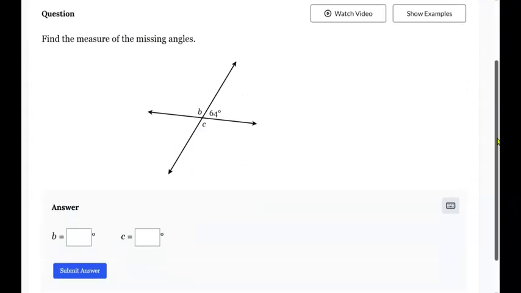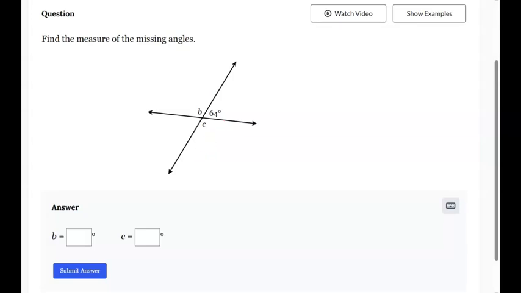you'll get a scenario like this, where you're finding the missing angle measures, but some of them are supplementary and some of them are vertical or equal to each other, right? So if I want to know the measure of angle C, my two options are, I could find the measure of angle B first, and then whatever B is, C would be, because they are vertical angles. Or I could find the measure of angle C first by seeing that it is supplementary to 64.